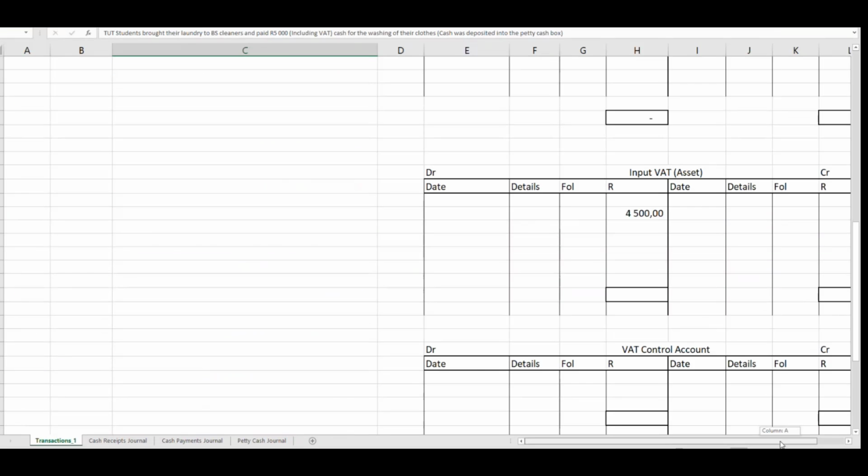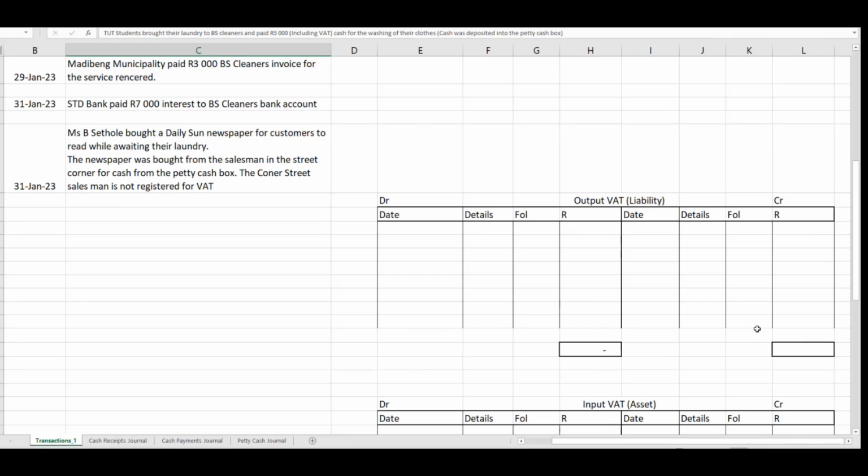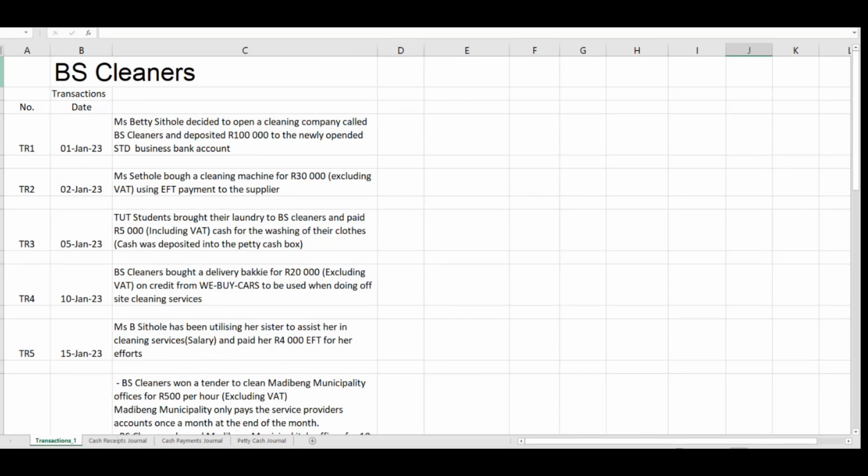We'll ignore the cents for now. VAT output is a liability account which increases on the credit side, meaning we're going to put that 652 there.